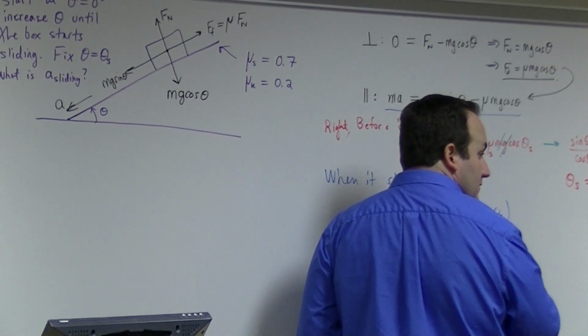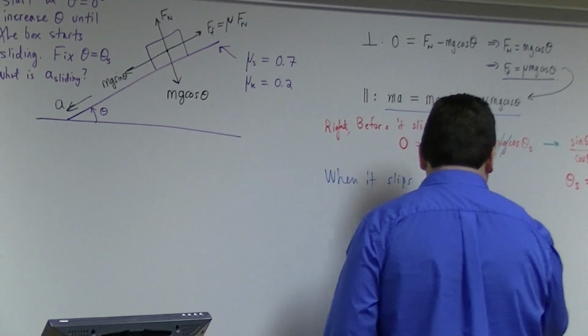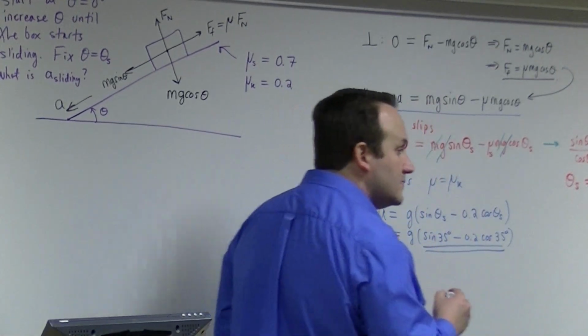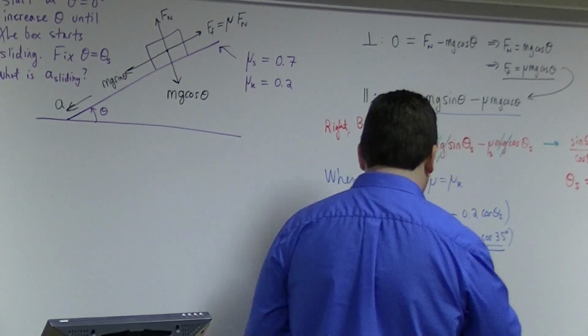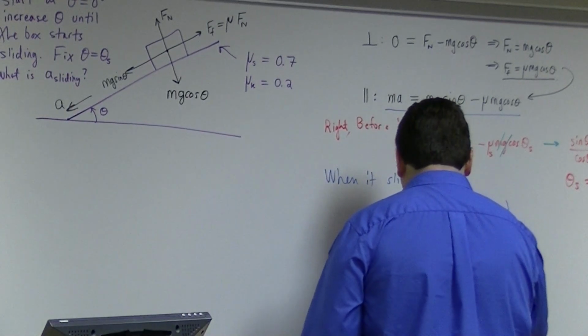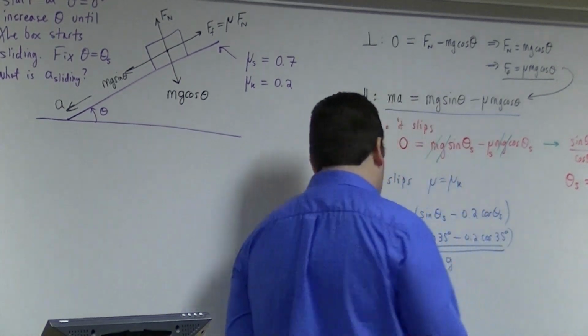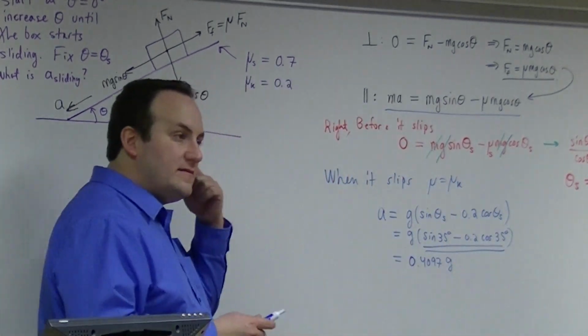What's this number underlined twice? 0.4097, okay. So about 40% of gravity.